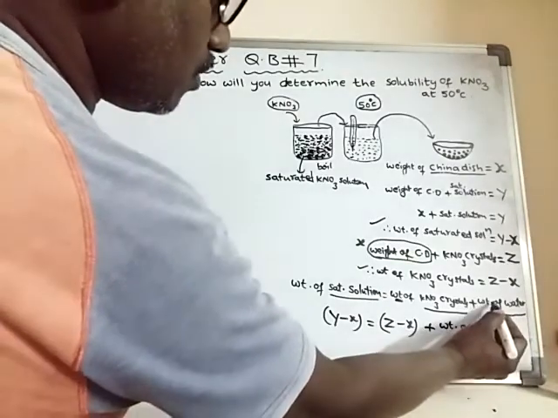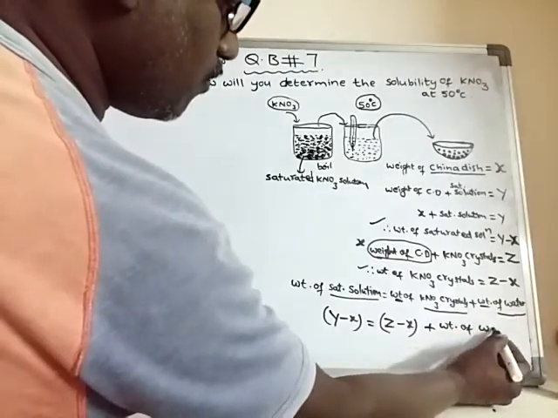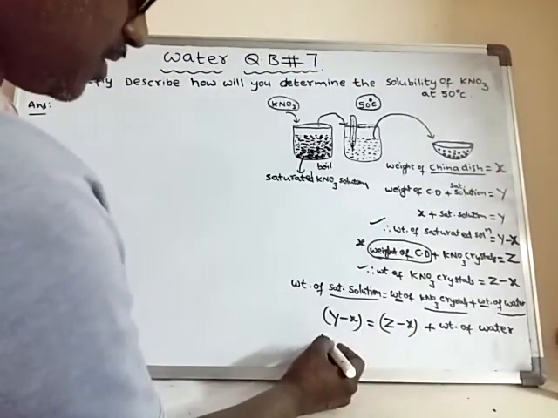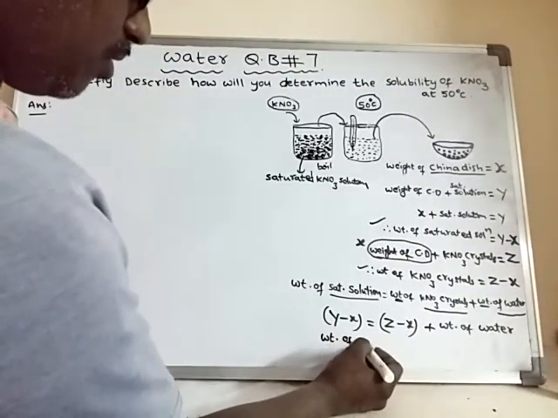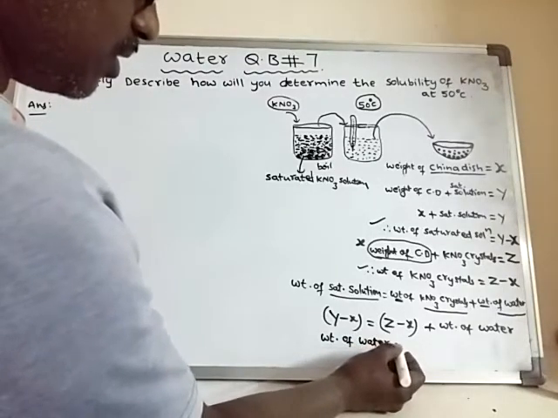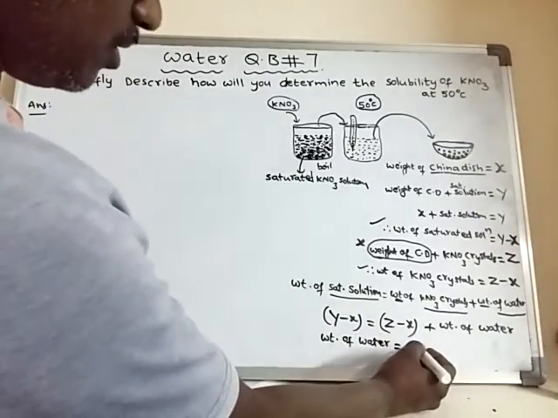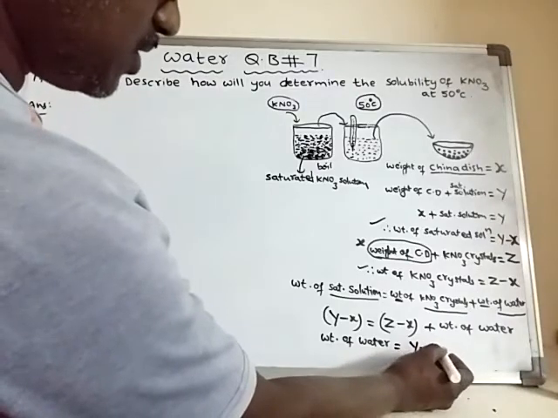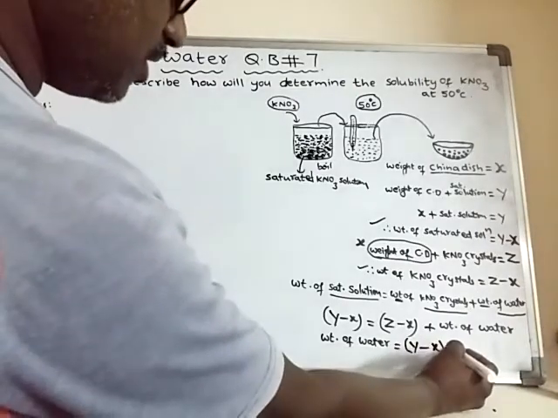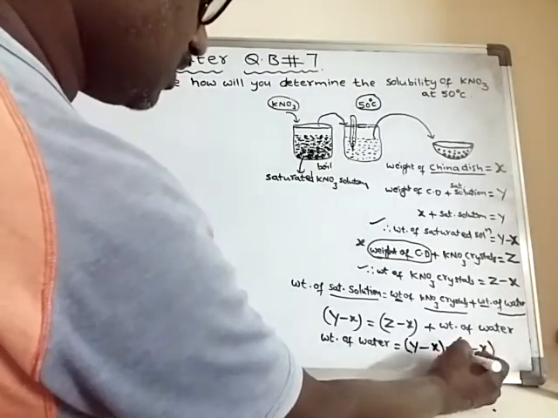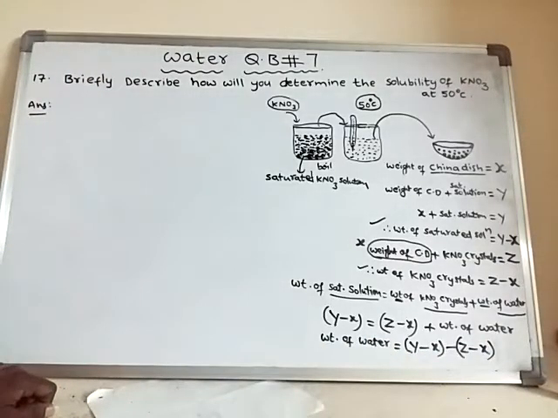So upon rearranging, we get the weight of water is equal to Y minus X minus Z minus X.